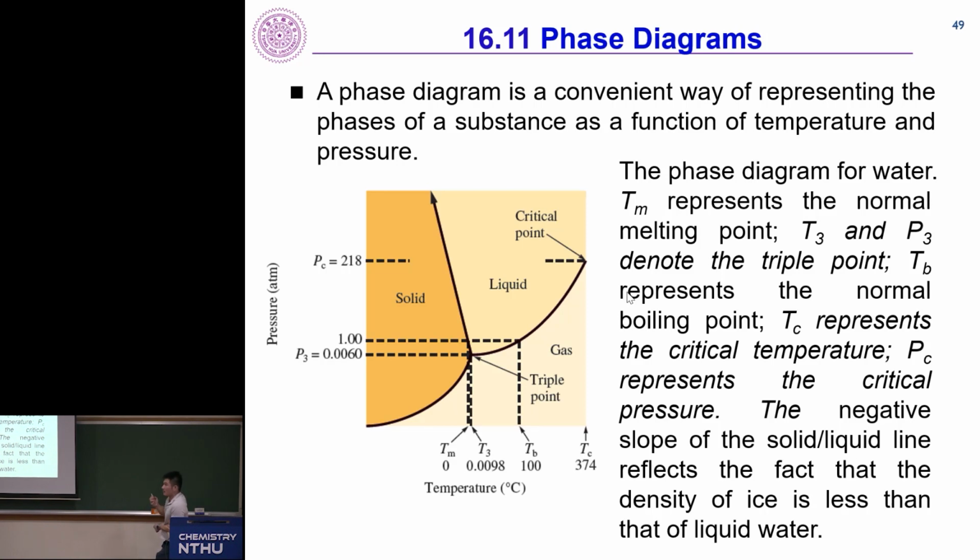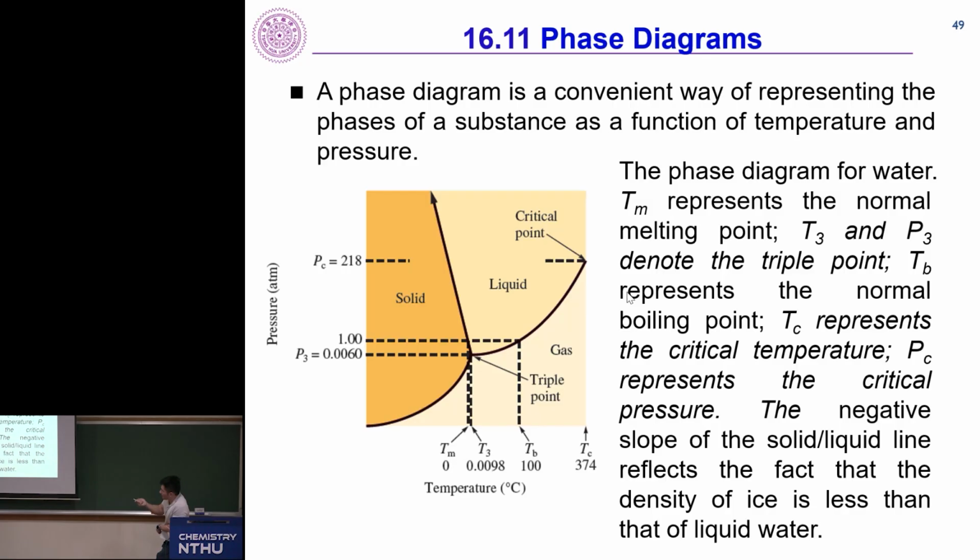This diagram has mostly three components. One is solid, one is liquid, one is gas. And also on this diagram we have multiple points you need to remember. One is the melting point. That is, at a given pressure as we go higher and higher, the point where liquid meets solid.